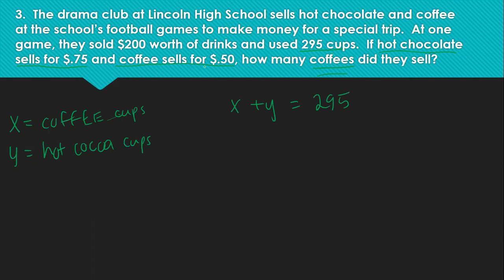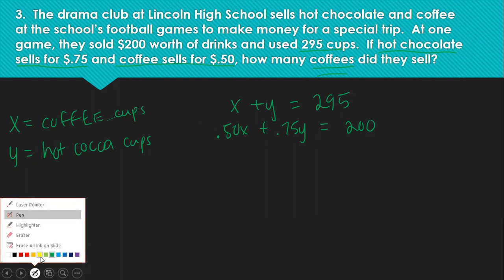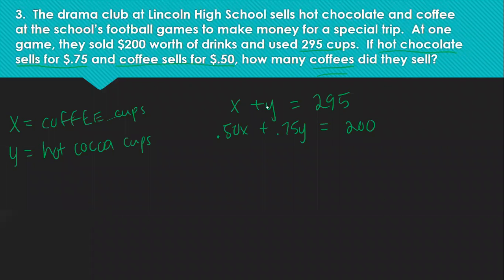And we know the cost of each one. So a cup of coffee costs how much? 50 cents. And a cup of hot chocolate costs 75 cents. And together from the money we made, $200. Okay? If I am needing to solve for coffee, then I need to get y by itself.